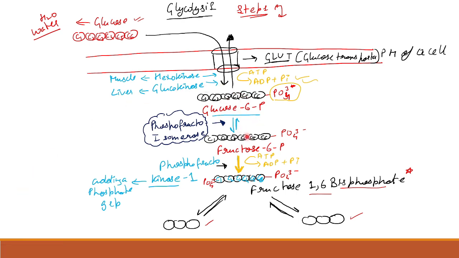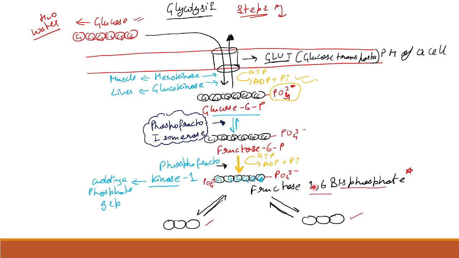Then in the next step we converted this molecule with the help of phosphoglucose isomerase into fructose 6 phosphate. Then with the help of phosphofructokinase 1, we added a phosphate group to carbon number 1 over here and used an ATP molecule for the same.